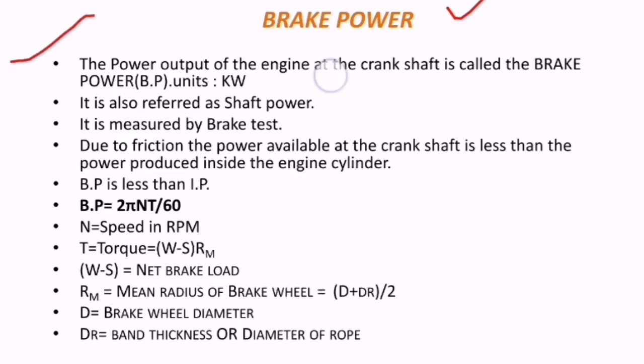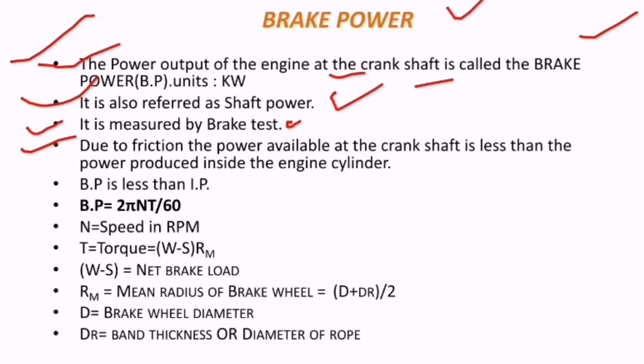The power output of the engine at the crankshaft is called the brake power or BP, in kilowatt. Are you getting this? In the engine cylinder, where combustion is happening at the piston, that power we call indicated power. The output we get at the crankshaft, we call brake power. It is also referred to as shaft power, and it is measured by brake test.